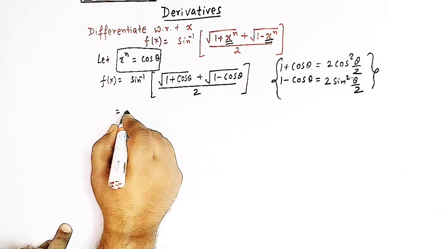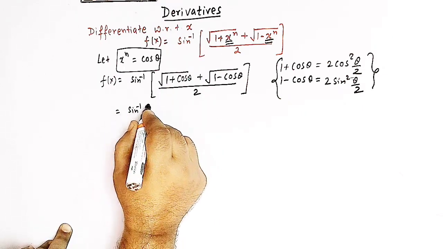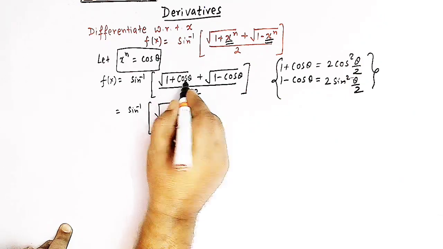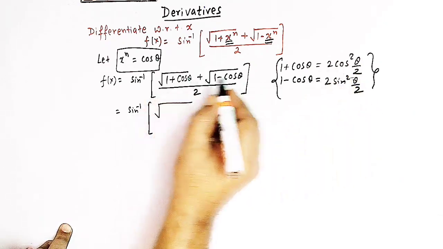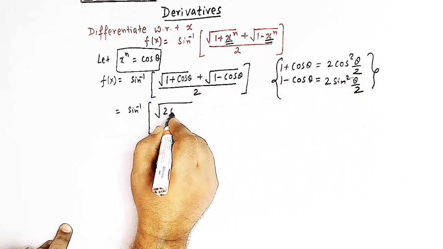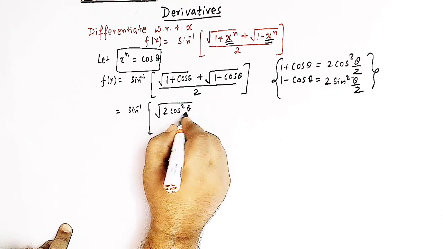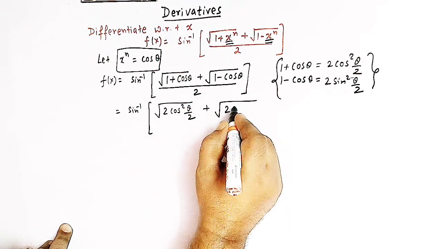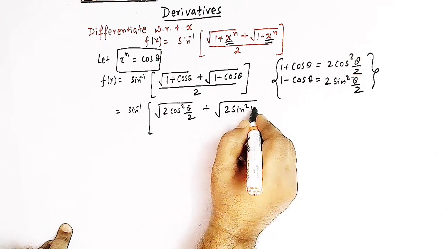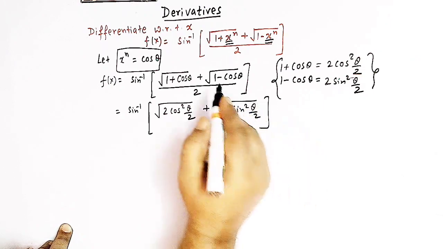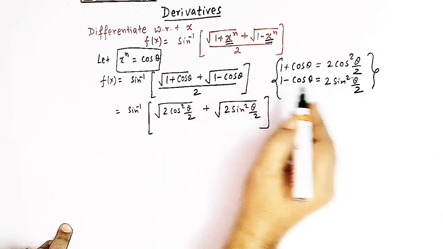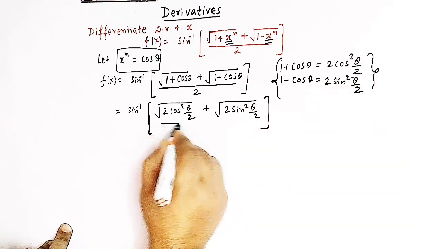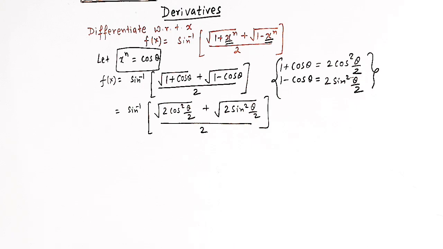So here we have sine inverse and square root of 1 plus cosine theta, which is replaced by 2 cos square theta over 2, and here we have square root of 2 sine square theta over 2, replacing 1 minus cosine theta by 2 sine square theta over 2, and in the denominator we have 2.